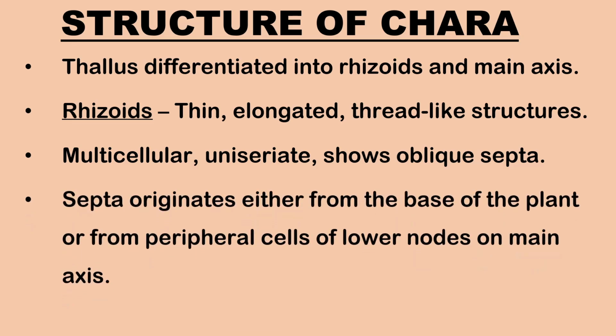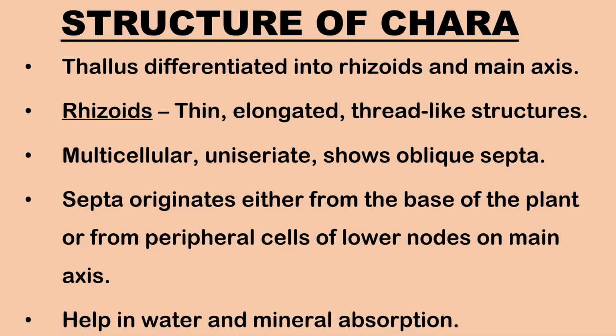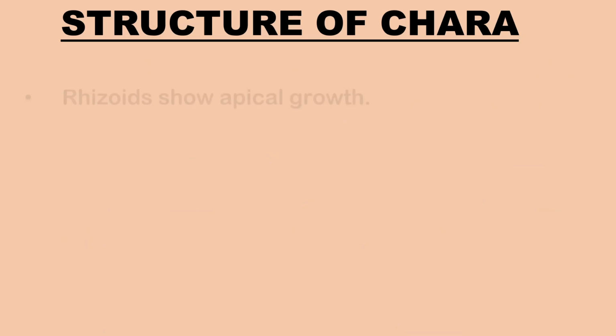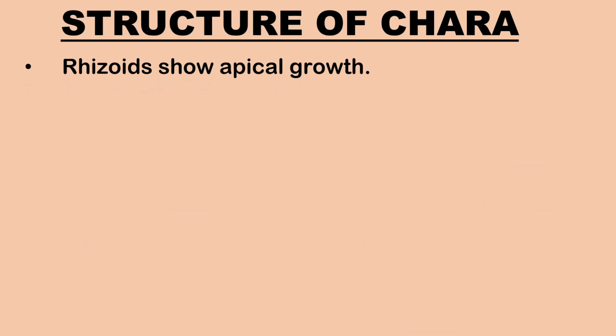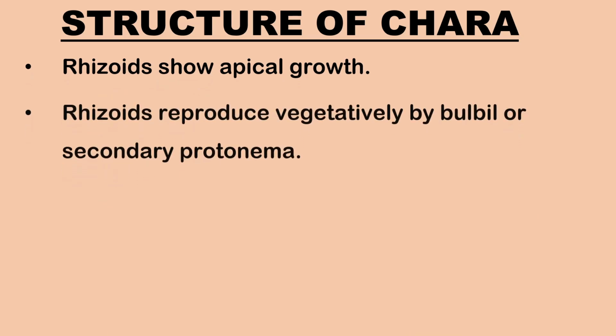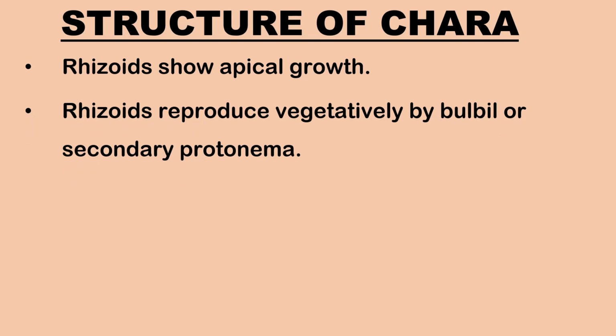These septa originate either from the base of the plant or from the peripheral cells of lower nodes present on the main axis. Rhizoids play an active role in absorption of minerals and water. Apical growth is seen in rhizoids. They reproduce through vegetative propagation with the help of bulbil or by the formation of secondary protonema.